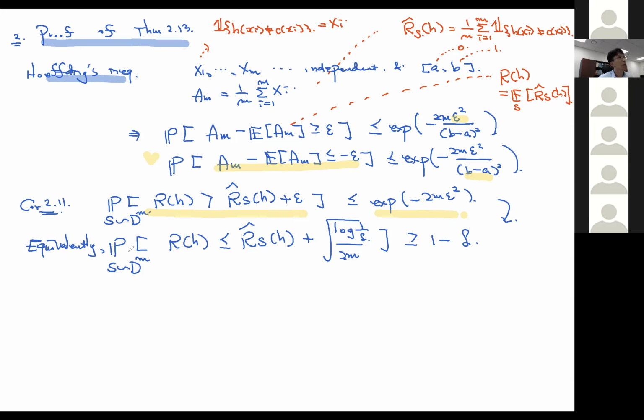We say that the probability that a single hypothesis violates our upper bound is bounded by some exponentiation function that we wrote here. That's what this is telling us.